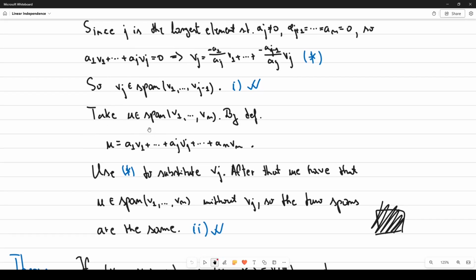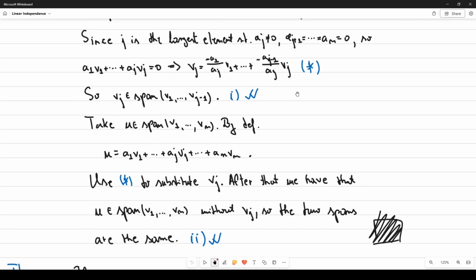Now let us show that the span of the original list is equal to the span of the list without vj. So take some arbitrary u from the span of the original vectors. By the definition of belonging to the span, that means that this vector can be expressed as a linear combination.